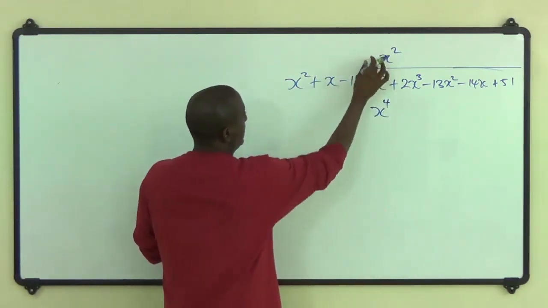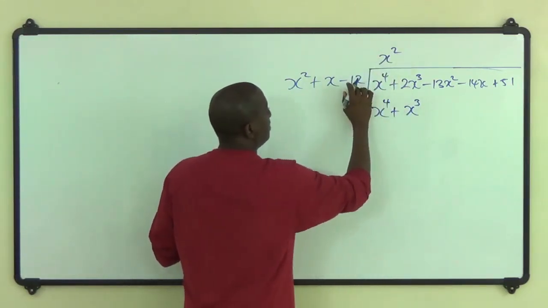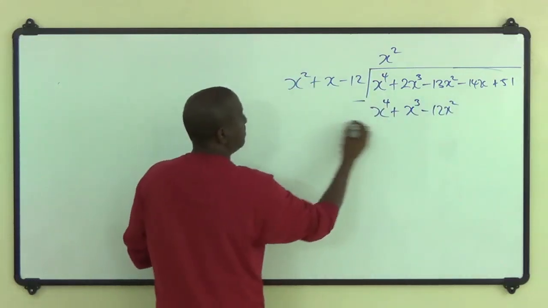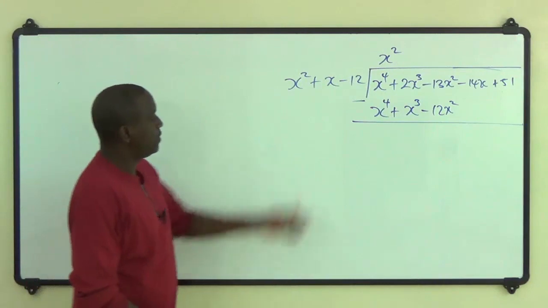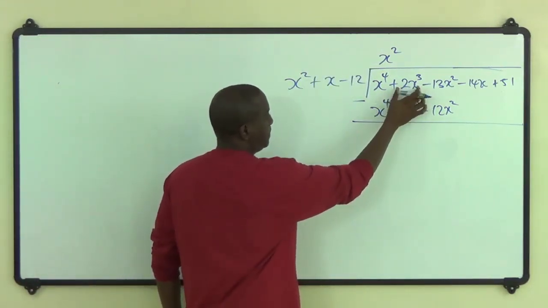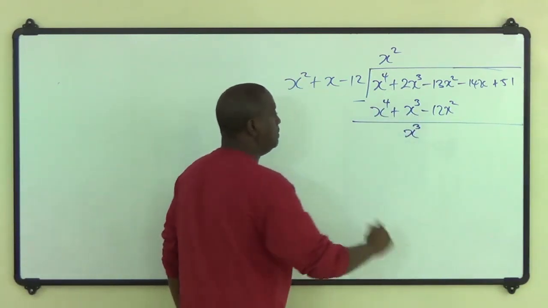Alright? x squared by x is x cubed. x squared by minus 12 is minus 12x squared. Alright, so you minus in, you've got a nice long line there. So we subtracted: x to the 4 minus x to the 4 is 0. 2x cubed minus x cubed is 1x cubed.